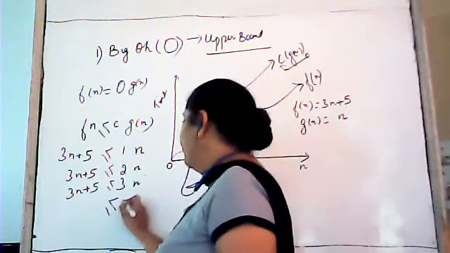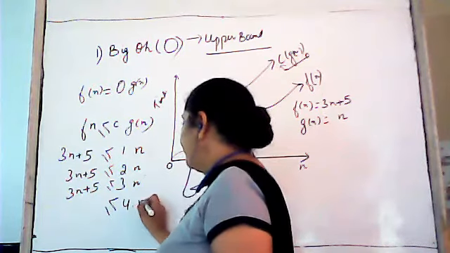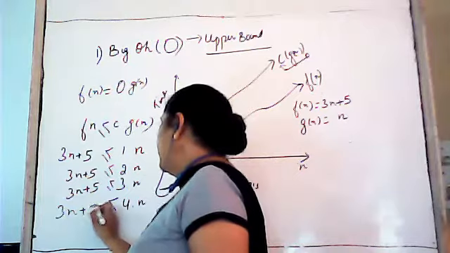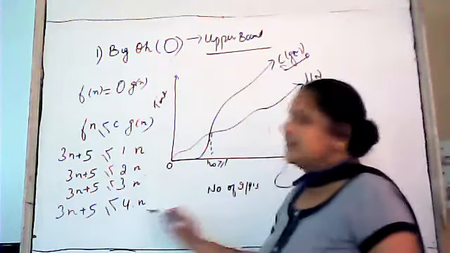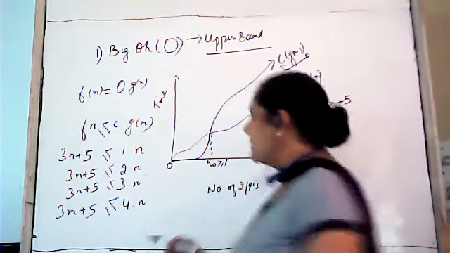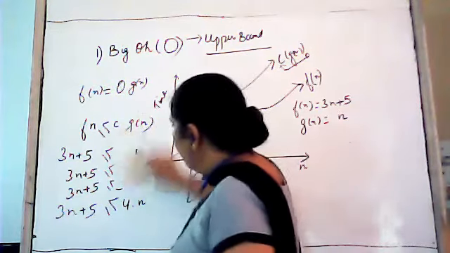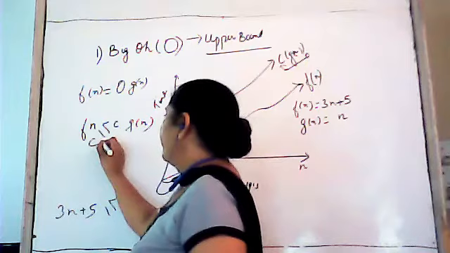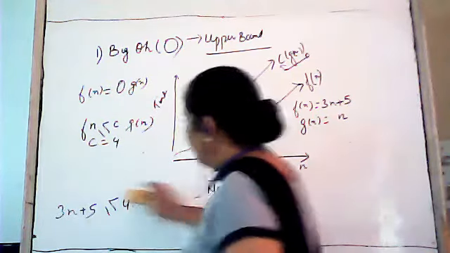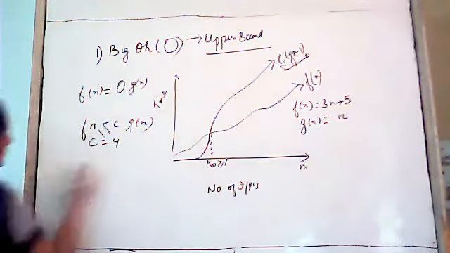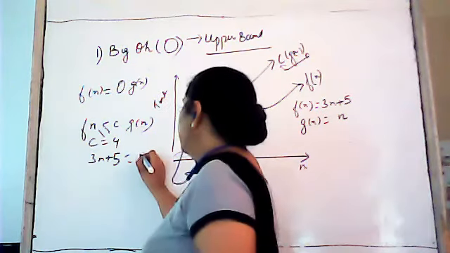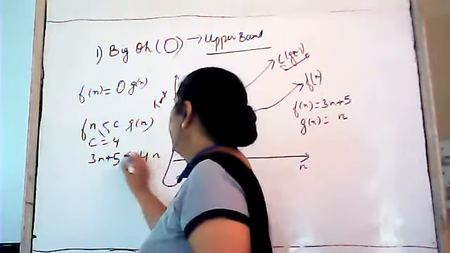Now, if I put 4n, I say 3n plus 5 is less than 4n. I have got my c as 4.